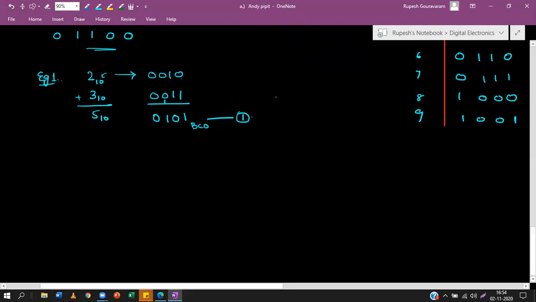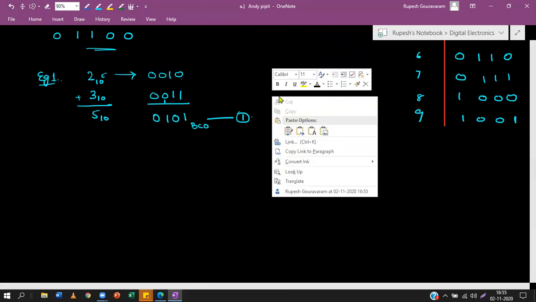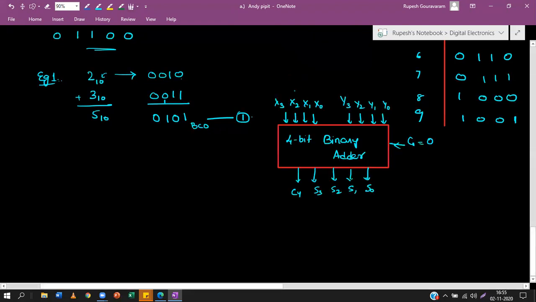Instead of x3, x2, x1, x0, if you supply 0010 and 0011, carry is 0, so we get 0101.